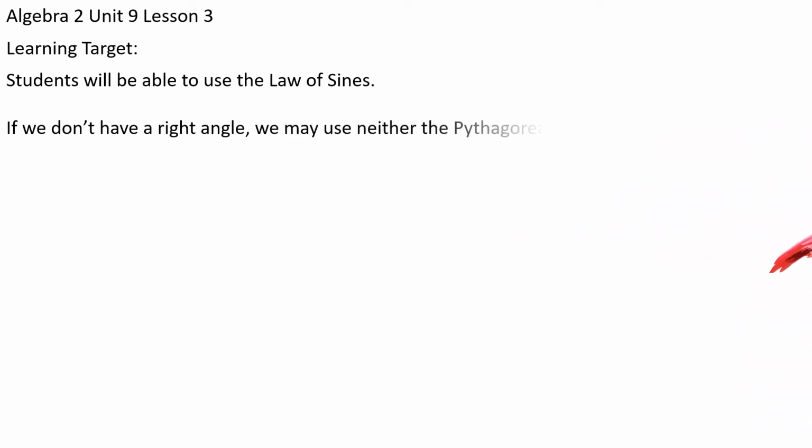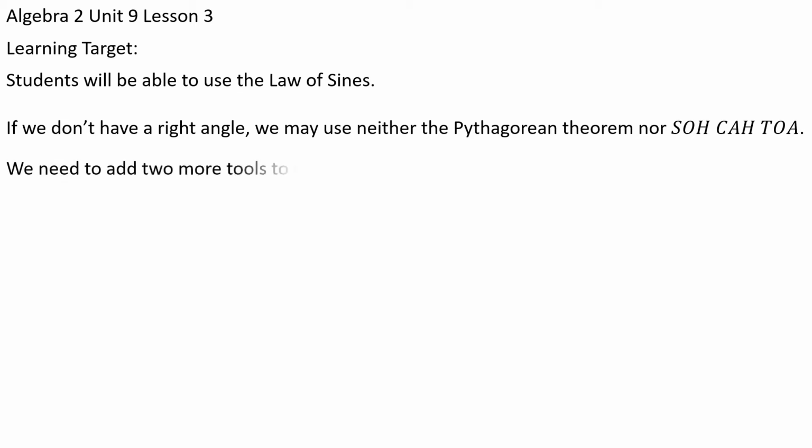All right, right triangles are really awesome, but sometimes we just have a triangle. And so if we don't have the right angle, we cannot use the Pythagorean theorem, nor can we use SOHCAHTOA. So our math toolbox says, hey, we need another tool.